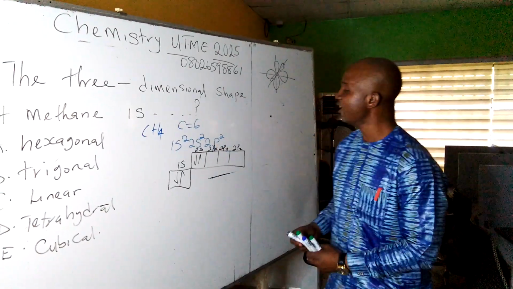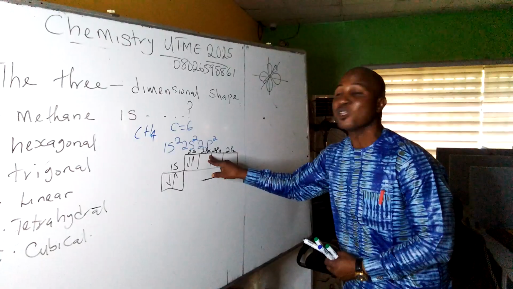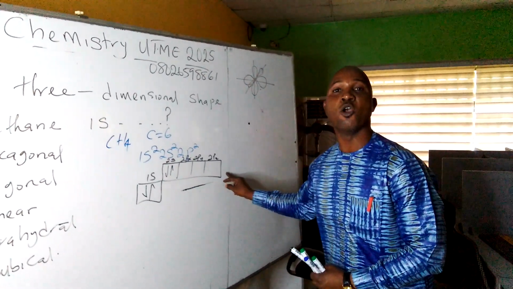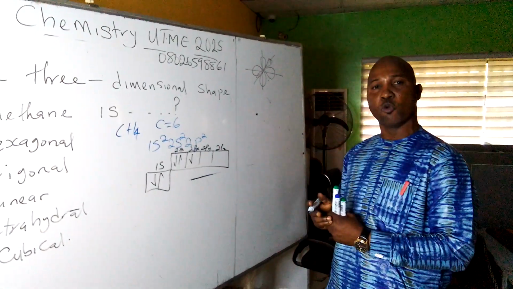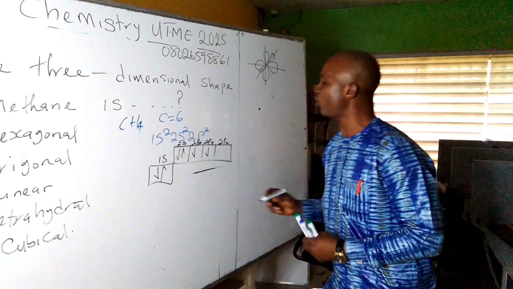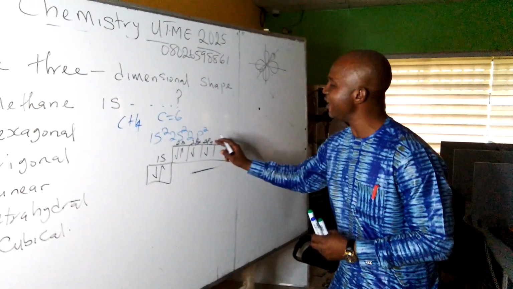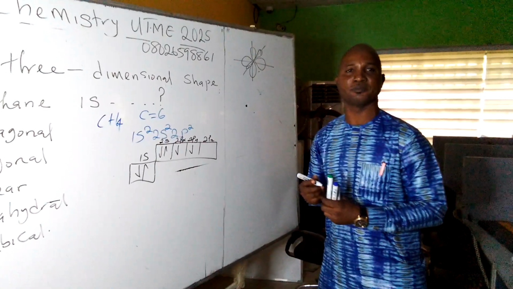So it means that if you have two electrons here, you cannot put the 2 in px. No, you have to put them singly. If there is more, then you can now start pairing. Obeying that rule, it means in 2p, we have 1 electron in 2px and 1 electron in 2py, meaning that 2pz is empty.